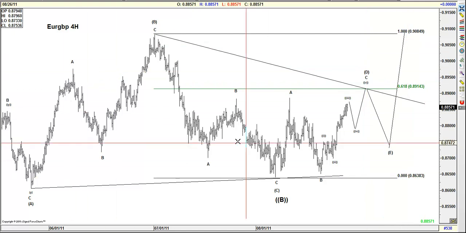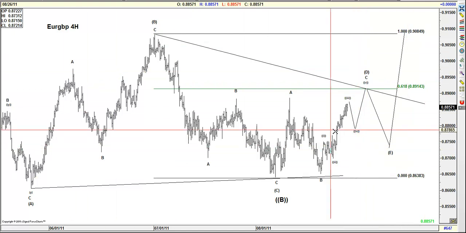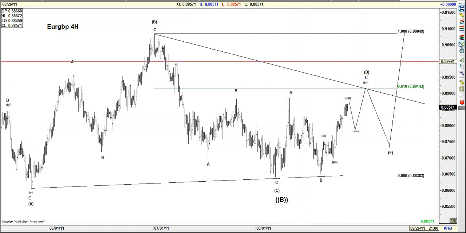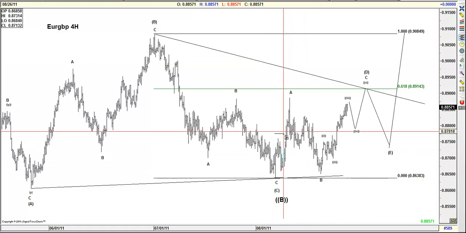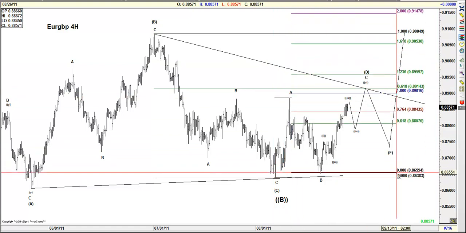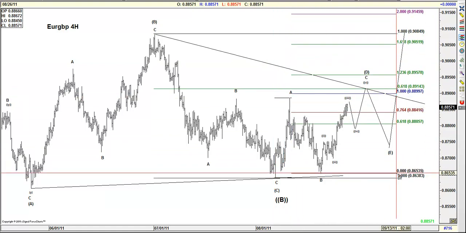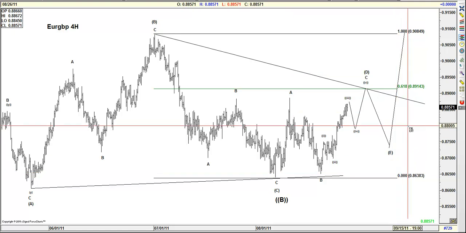The triangle is clear right there, guys, very clear. It needs about 88.86. Ideally it's going to look for, I would say, between 88 and 89 before going lower.